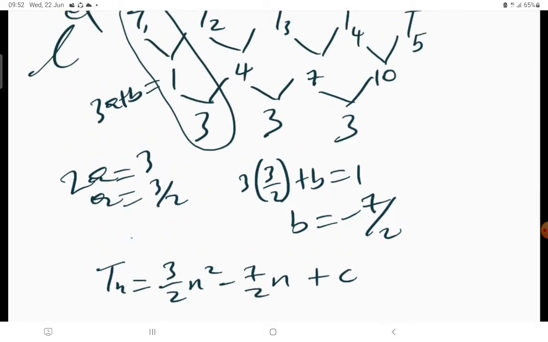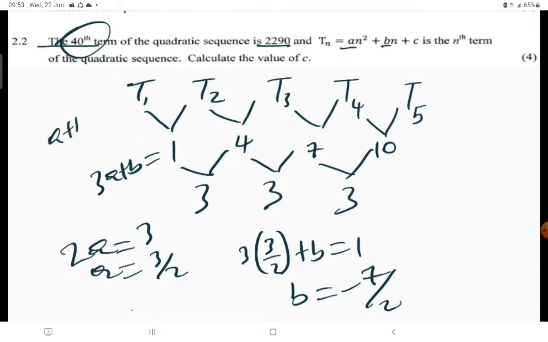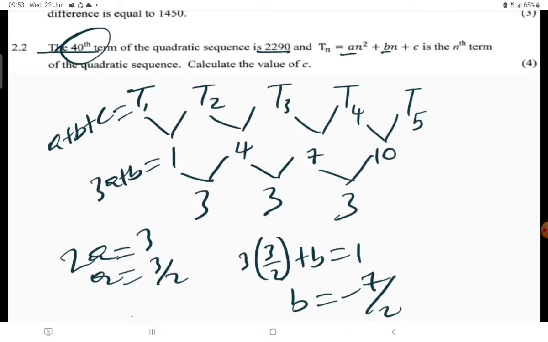Now remember we cannot use A plus B plus C, because we don't have the first term of our quadratic sequence. So now it's time to use the information that was given, that T40, the 40th term, is equal to 2290.